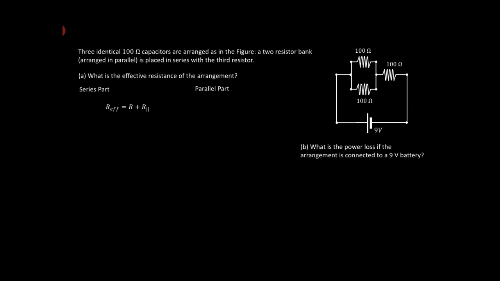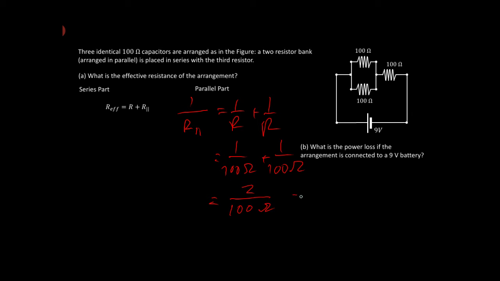So you want to do this parallel part. R parallel is equal to 1 over R plus 1 over R. And these are both 1 over 100 ohms. So that's going to be 2 over 100 ohms, or 1 over 50 ohms.